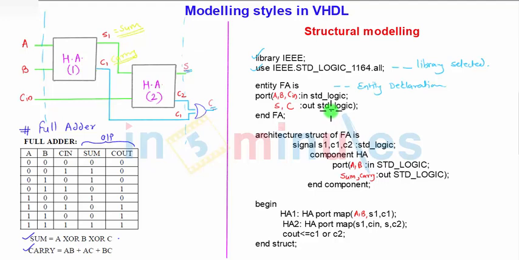So it is declared, and I will end the entity. This is the syntax: you write end and the entity name as it is, followed by a semicolon. Now the entity part is complete.